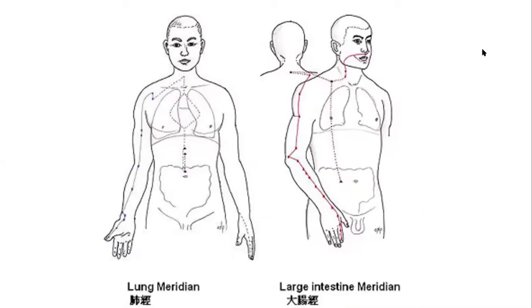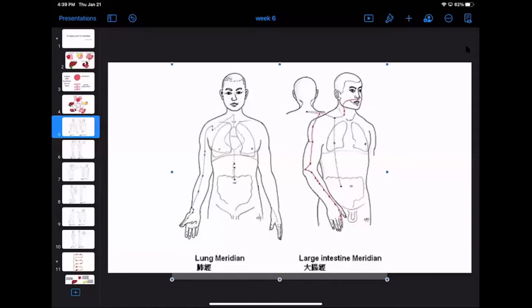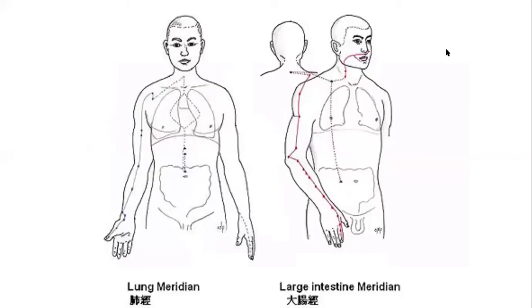But this solid line, which you can't quite see, is the lung meridian. It goes like this. Start from there, that's Lung 1, and the lung goes to 11.